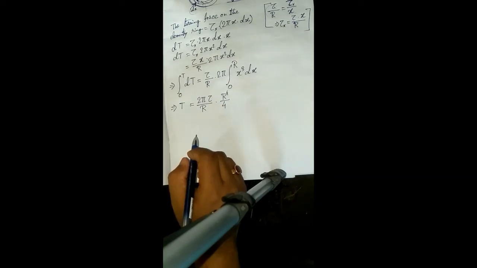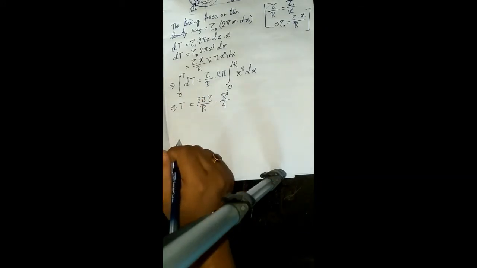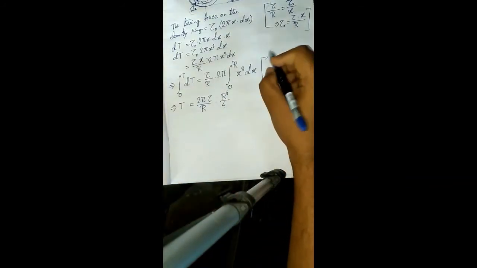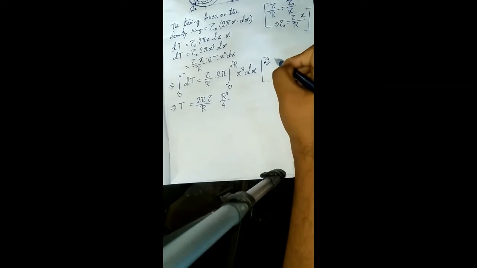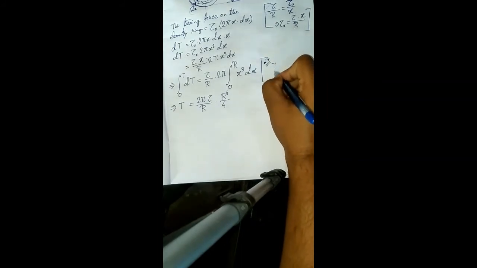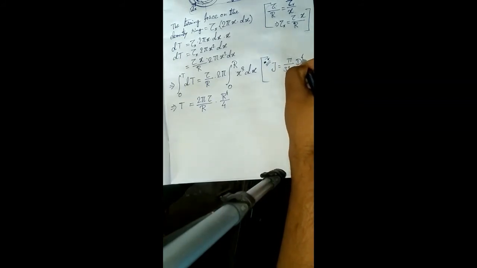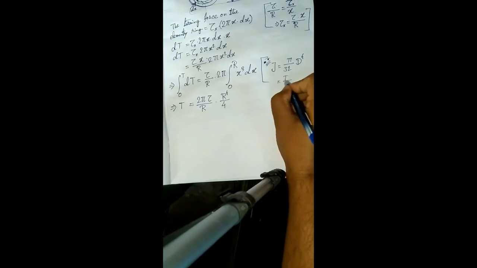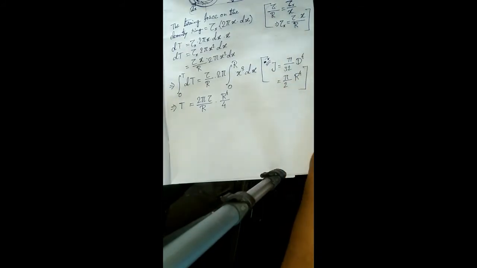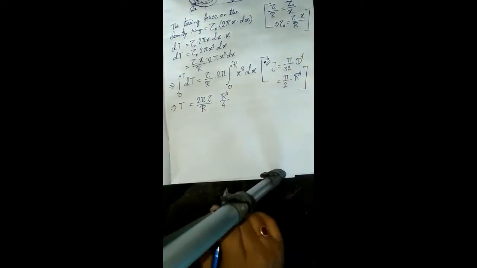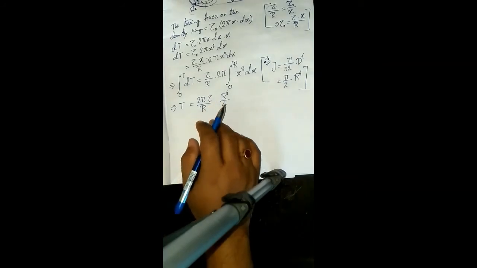We know that the polar moment of inertia for a circular shaft, that is J, equals pi by 32 d to the power 4 or pi by 2 r to the power 4. This relation we already know.